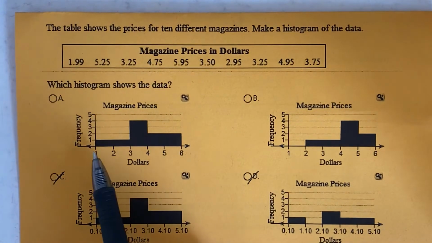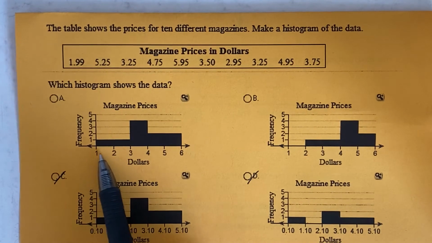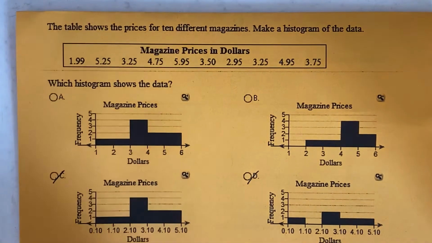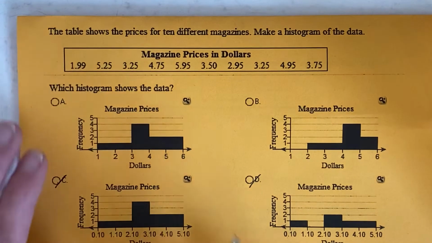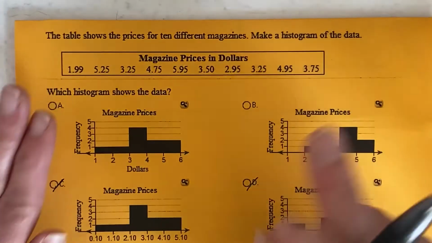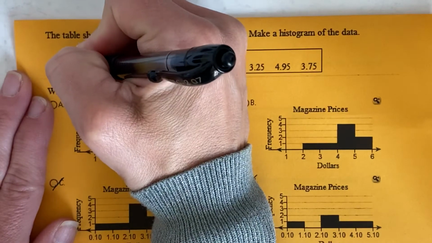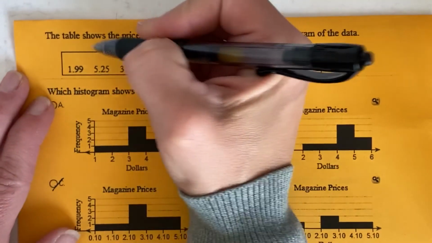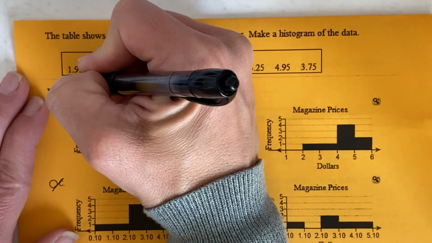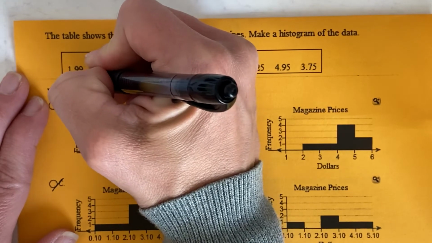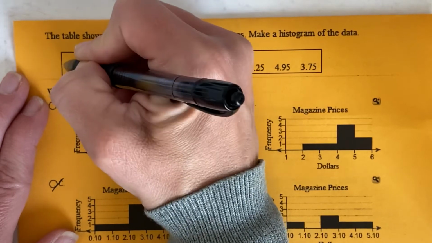And because it's represented in whole dollars, between $1 and up to $2, between $2 and up to $3, I'm going to go through my data and label right below it what bin it would fit into. So my $1.99 magazine would fit in the bin that is $1 and then up to $2. All right.